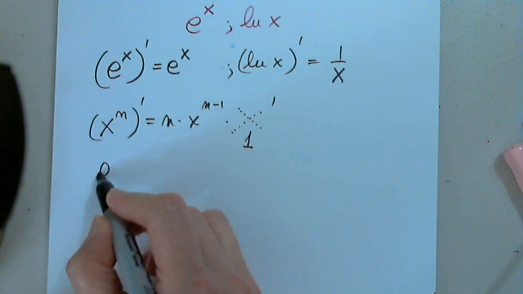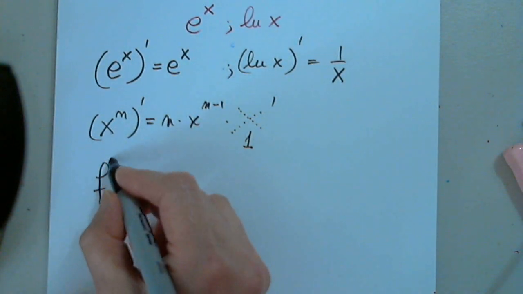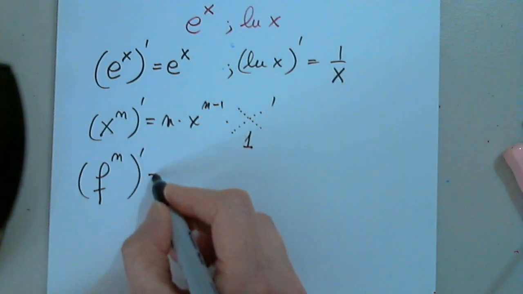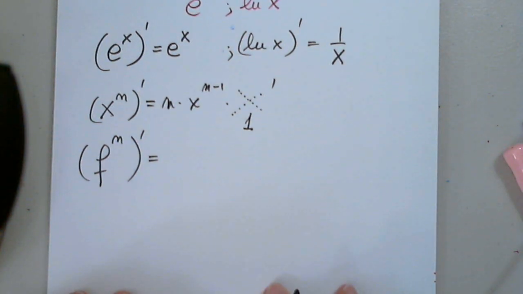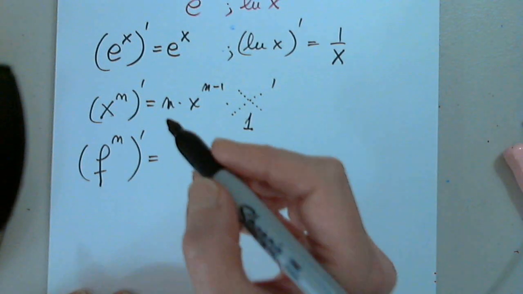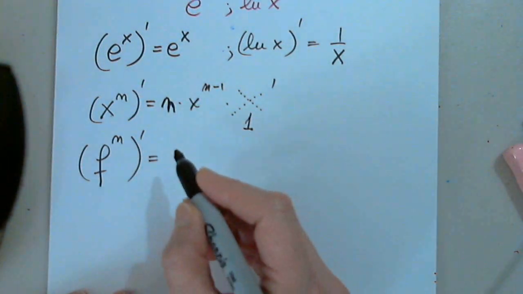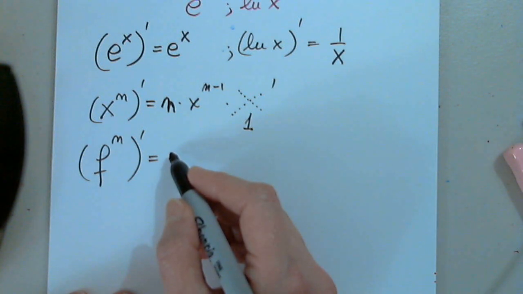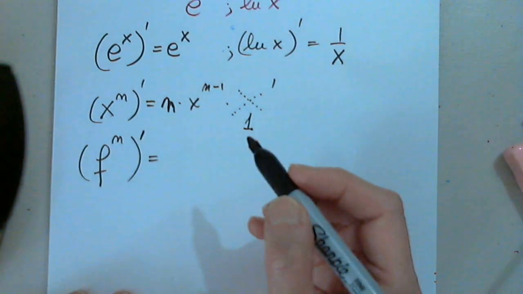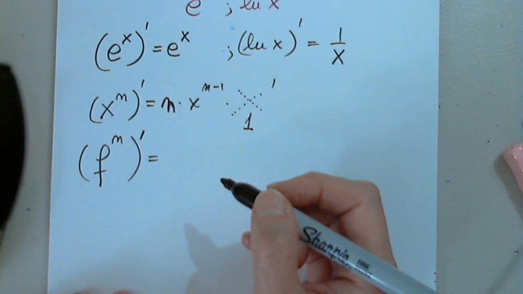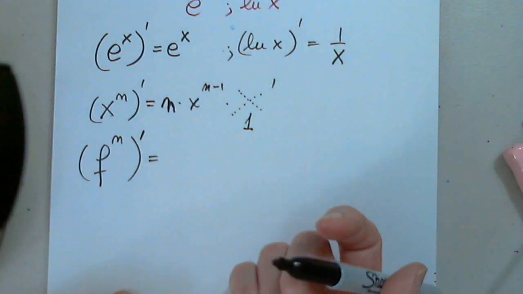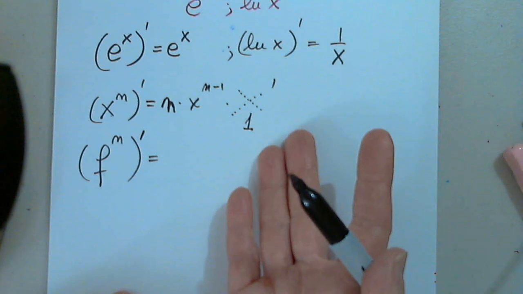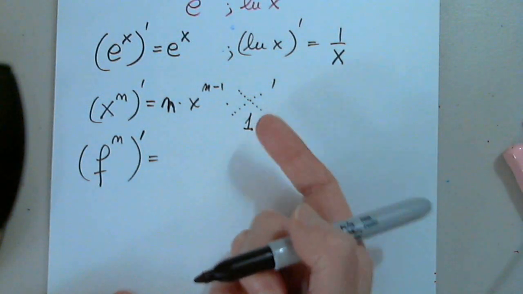But when we moved on to a function, not plain x, what did we say the formula was for this one? Anyone would like to try? It's the same formula. Nothing else, but just this.